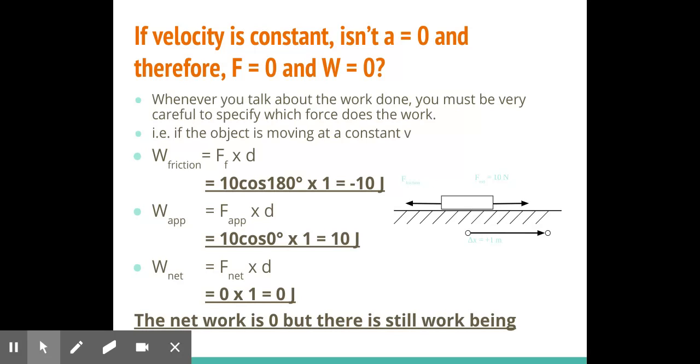But if it were to ask you what is the work done on the entire object, that's where the net work would come in, and you would have to figure out your net force and the distance, and you would then show that even though my applied force is producing 10 joules worth of work, overall my net work being applied to the whole object is zero, technically speaking, like we see here in this example. Okay.